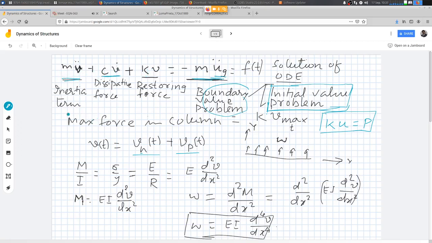I can write an alternative representation if I divide the entire equation by the mass of the system. So this is the equation you need to solve, of course with initial conditions.